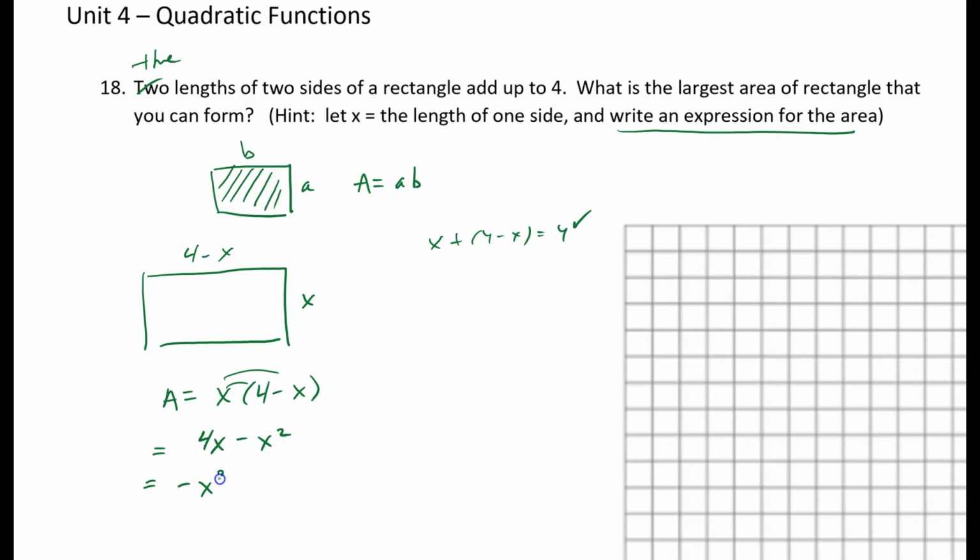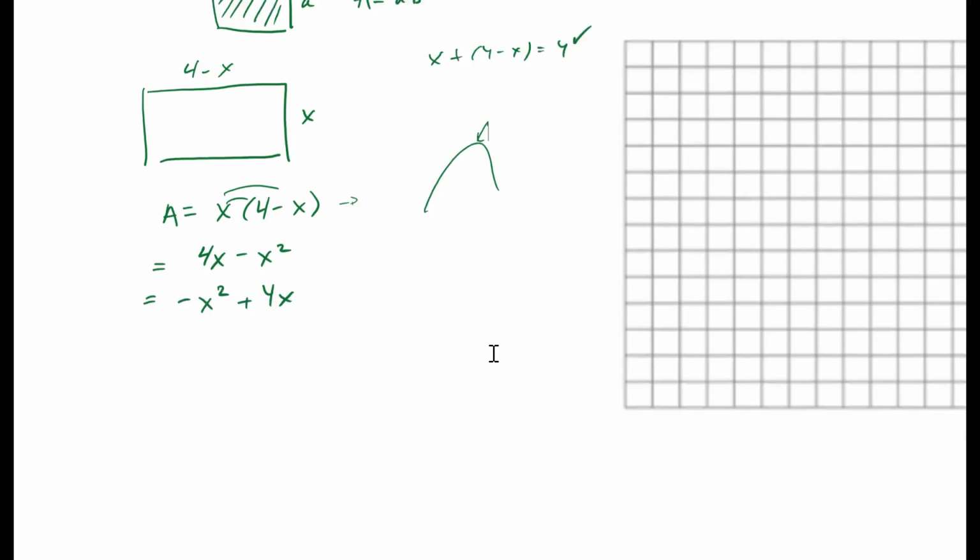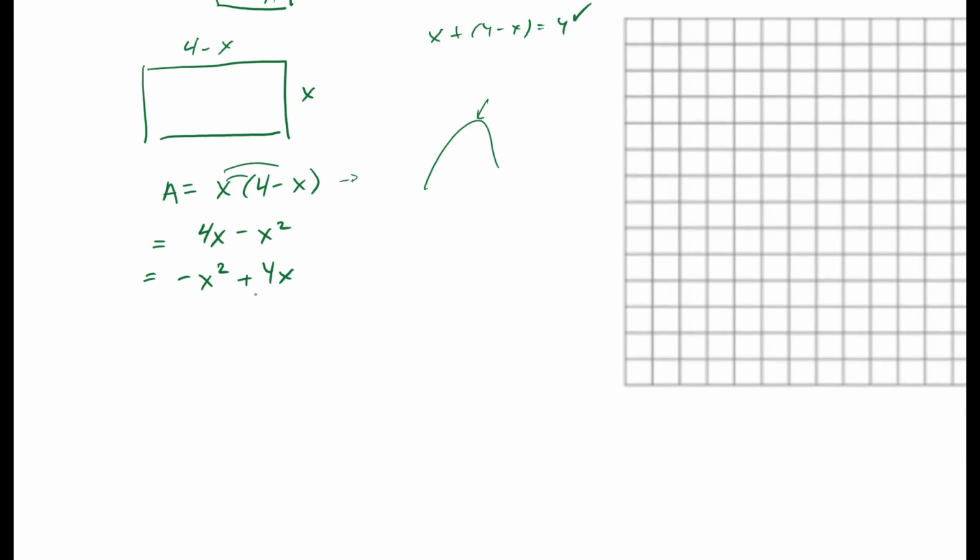I'm going to write this in our normal order here: minus x squared plus 4x. Now if I want to factor this, I can put this into intercept form. The idea here is I'm trying to find the largest area. If I graph this parabola and find its highest value, that'll tell me where the highest area is occurring. So I need to figure out how to graph this.